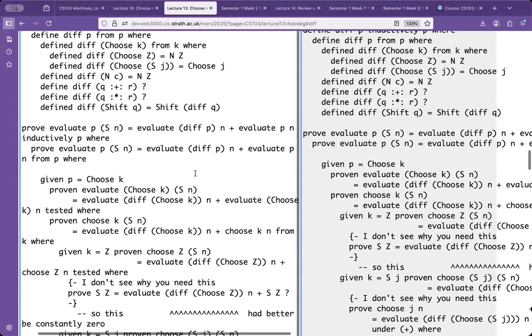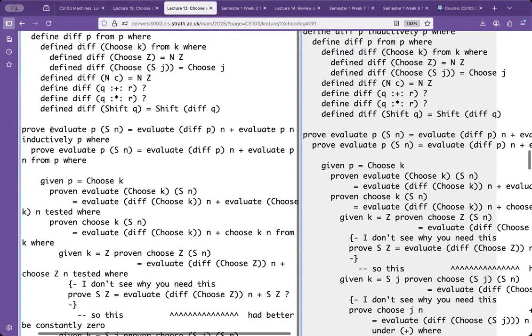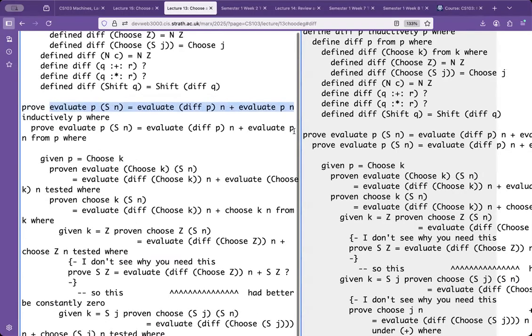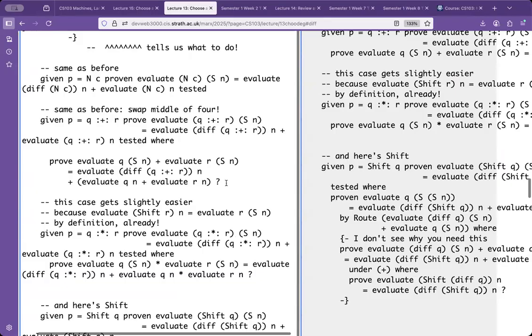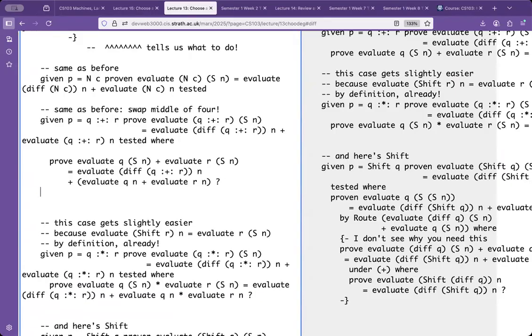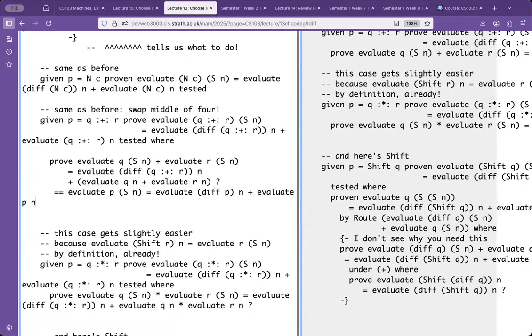So I'm going to do the thing that we've been doing of late, which is to copy the goal and make comments. Oh, that should be minus minus.